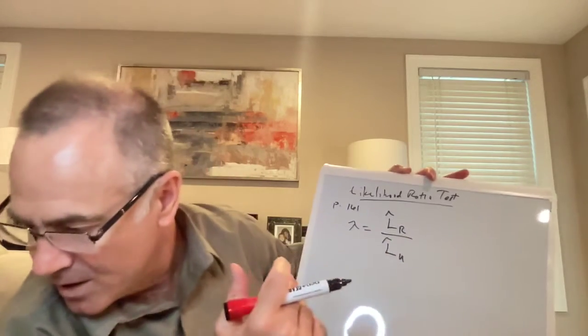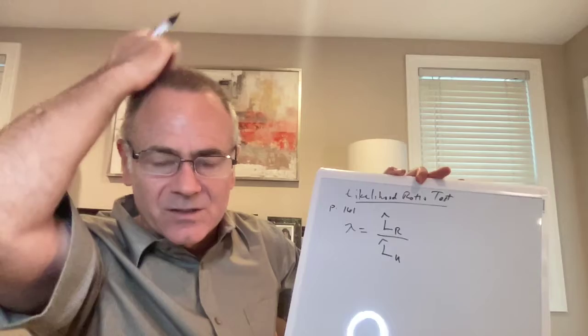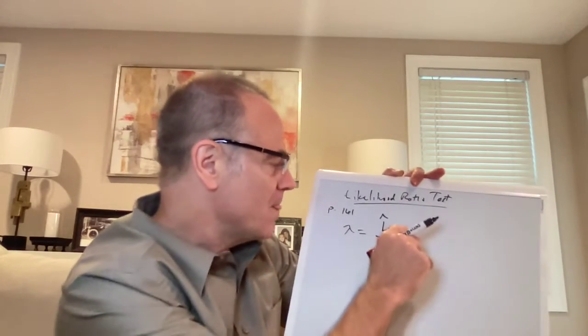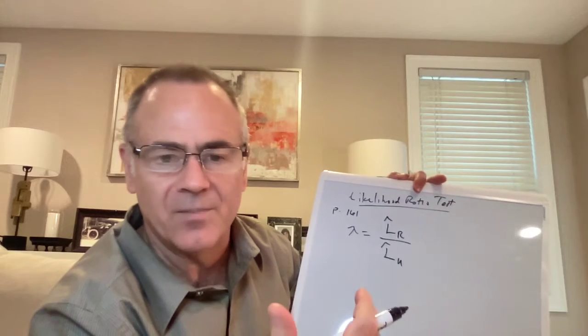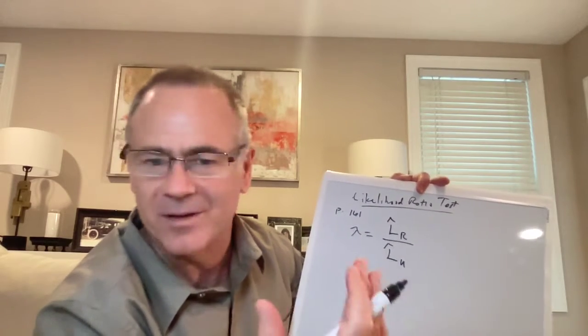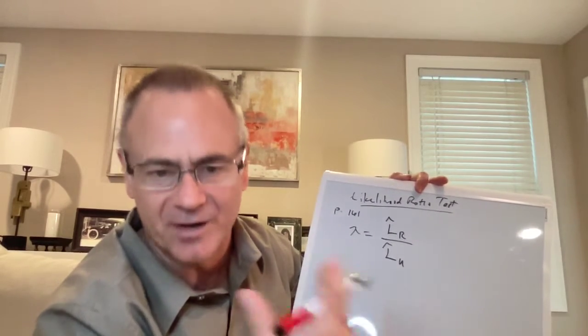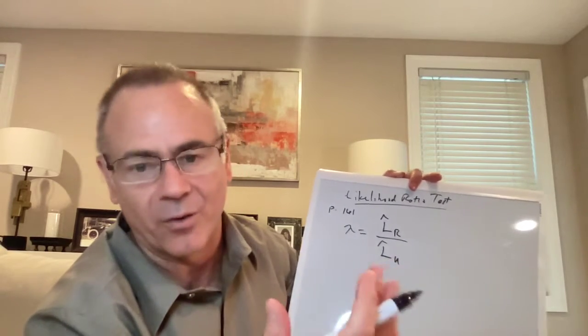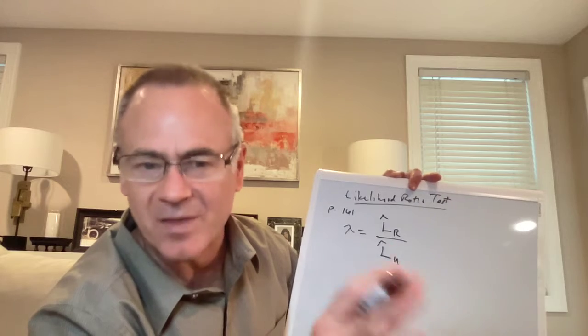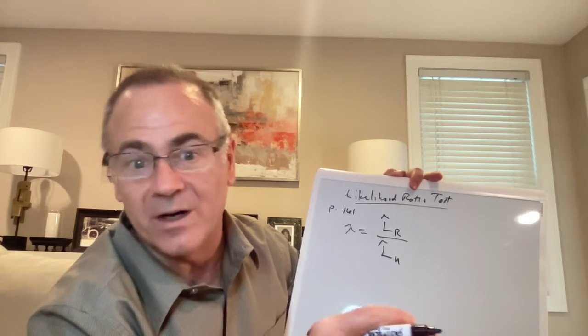Now, what that means is restricted and unrestricted. Restricted means where your theory, not your econometric theory, but your microeconomic theory or game theory, or your political theory, says something about what you should expect.